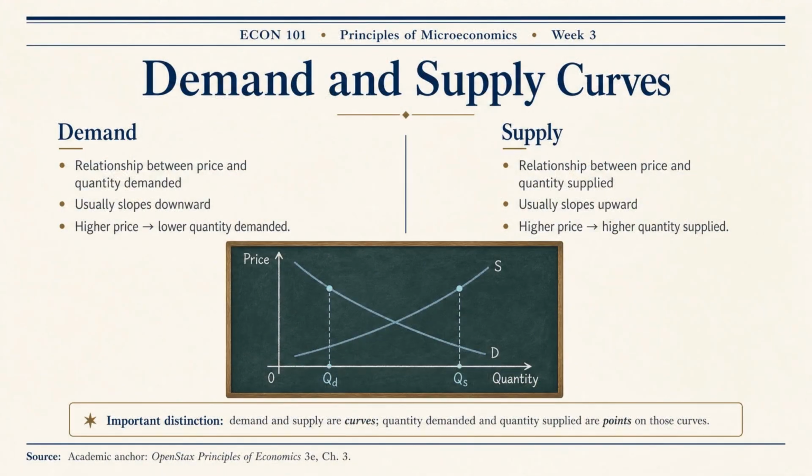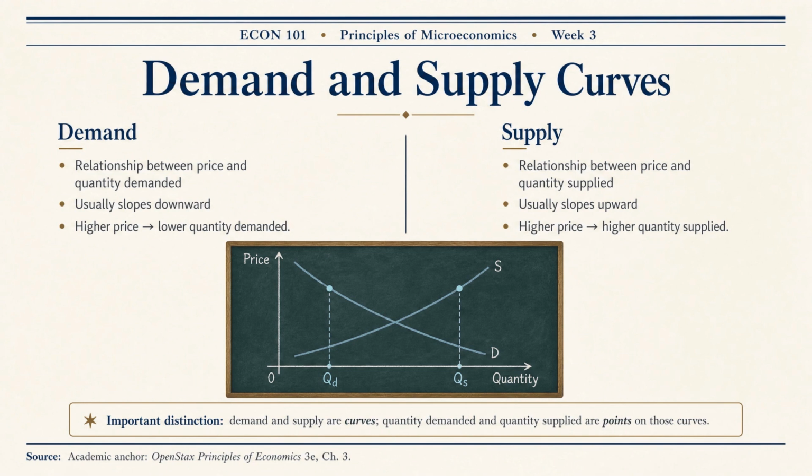Now let's look at the core tools we use to analyze markets: the demand and supply curves. First, we have the demand curve, which illustrates the relationship between the price of a good and the quantity consumers want to buy. It usually slopes downward, which simply means that as the price gets higher, people tend to demand a lower quantity.